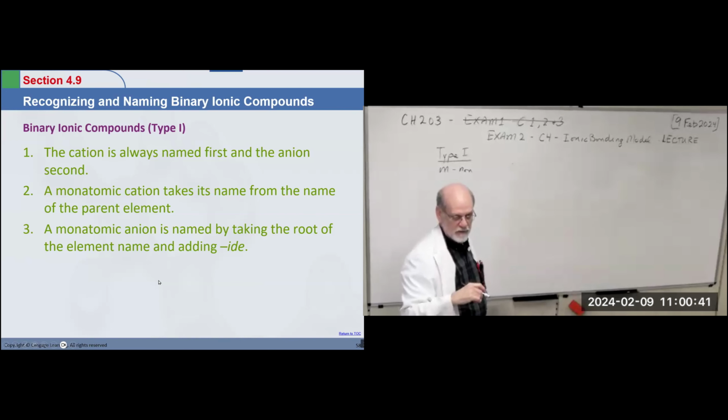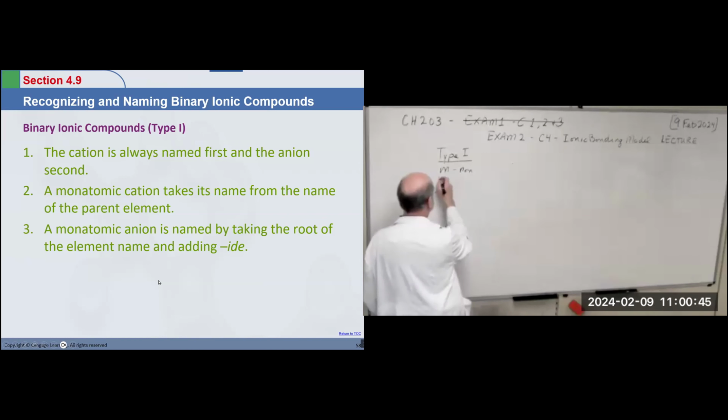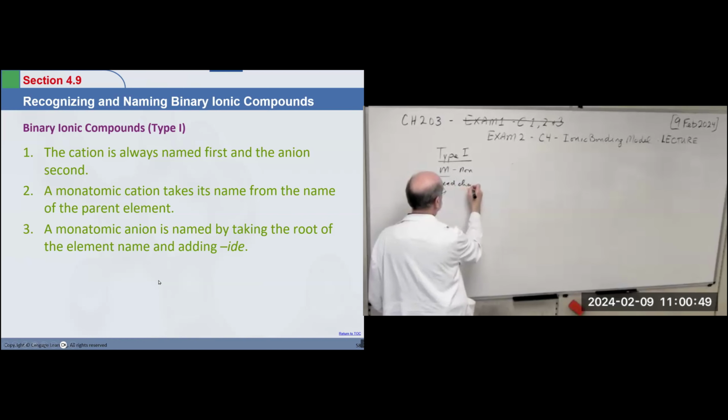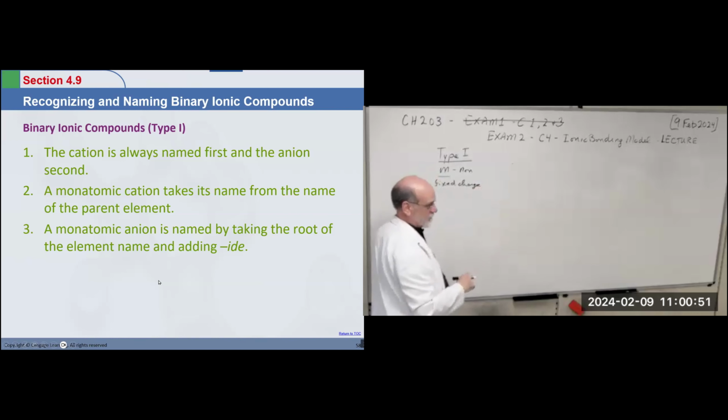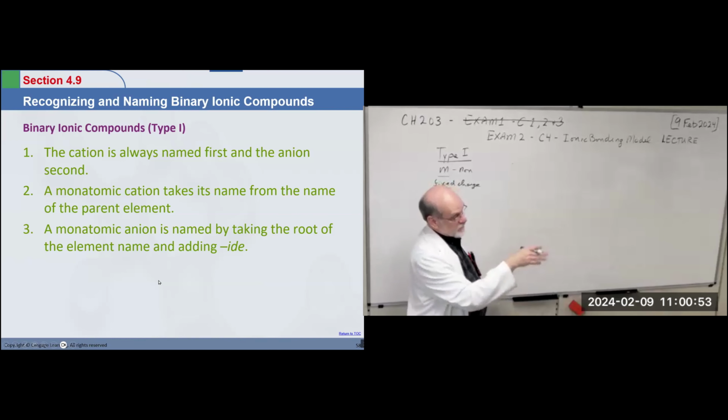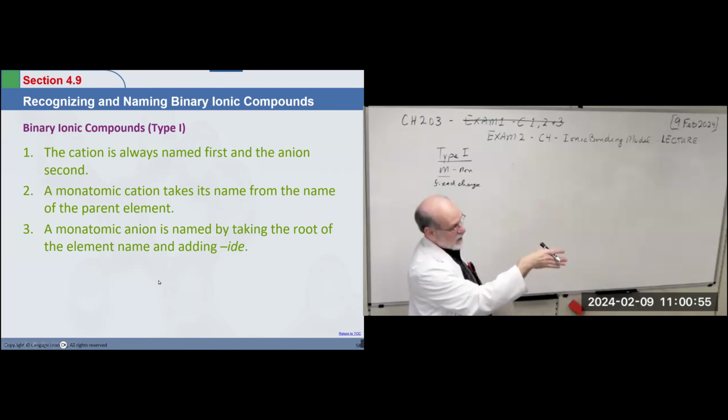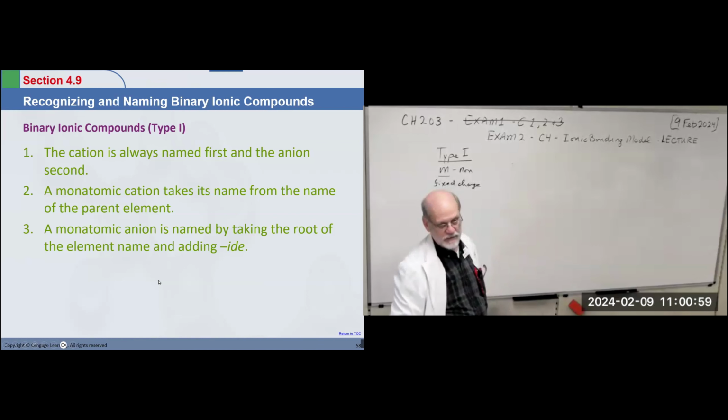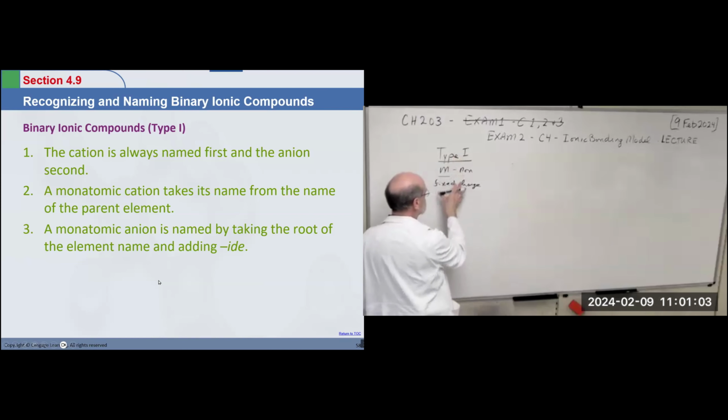Always. And the metal is fixed charge. So that means it has to come from either the alkali metals, alkaline earths, the aluminum group, or zinc, cadmium, or silver. Those are the only choices for this type 1.